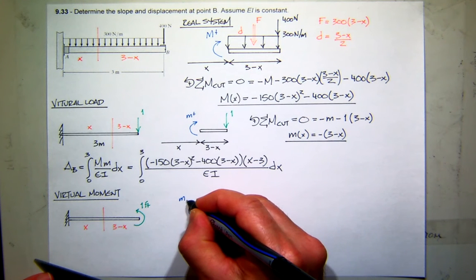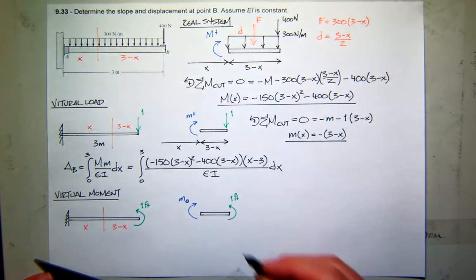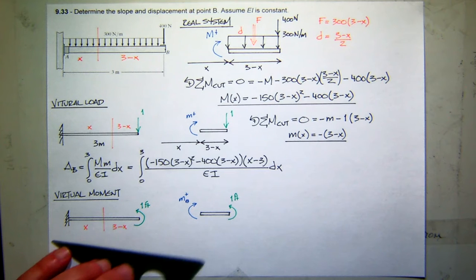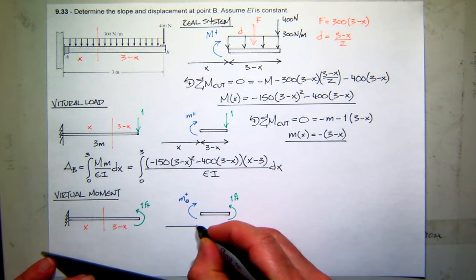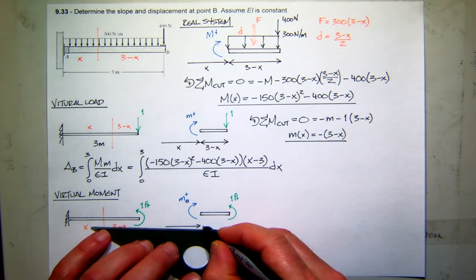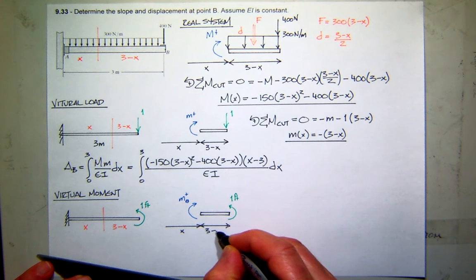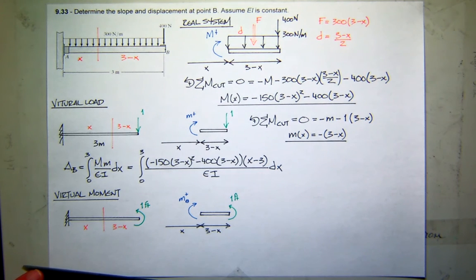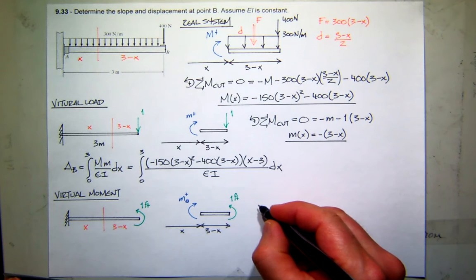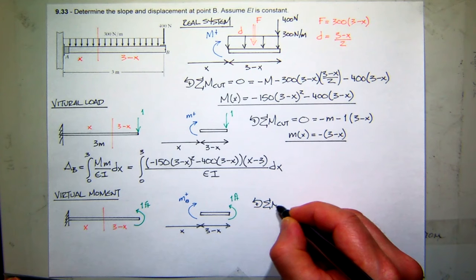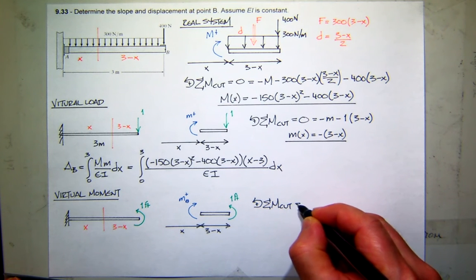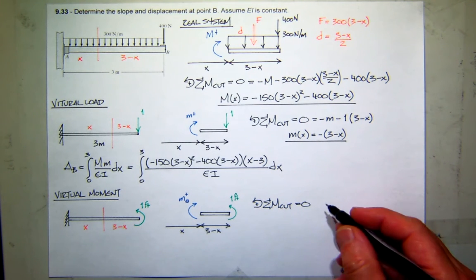And we use lowercase and we use that symbol theta to indicate that that's the virtual moment due to rotation. And then again, that's happening at a cut at some distance x. And that leaves the right-hand segment being of length 3 minus x. And if I sum the moments about this cut, make sure it's in equilibrium, let's see what we get.